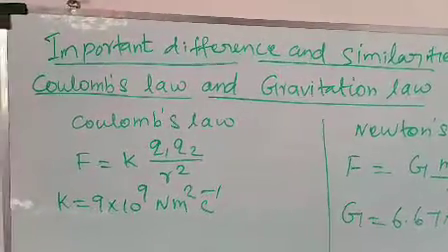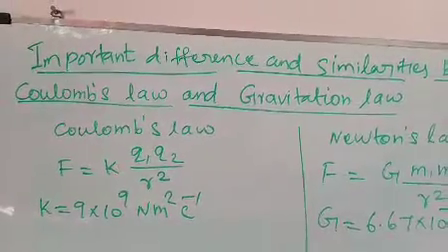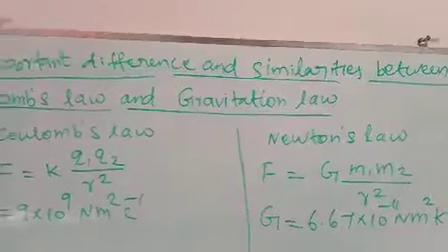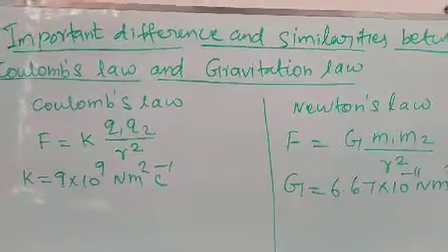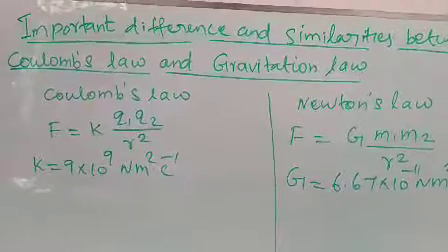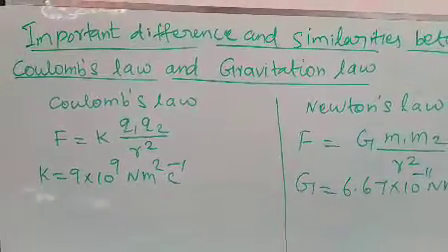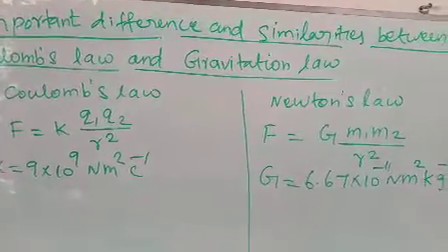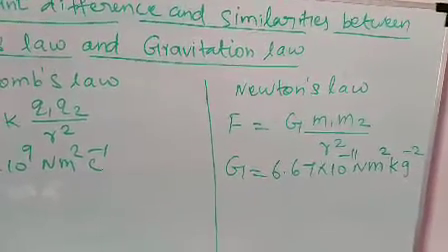Next, another important question: the differences and similarities between Coulomb's law and the gravitational law. So dear students, now I have explained Coulomb's law briefly. Newton's law of gravitation we already studied in 10th standard.